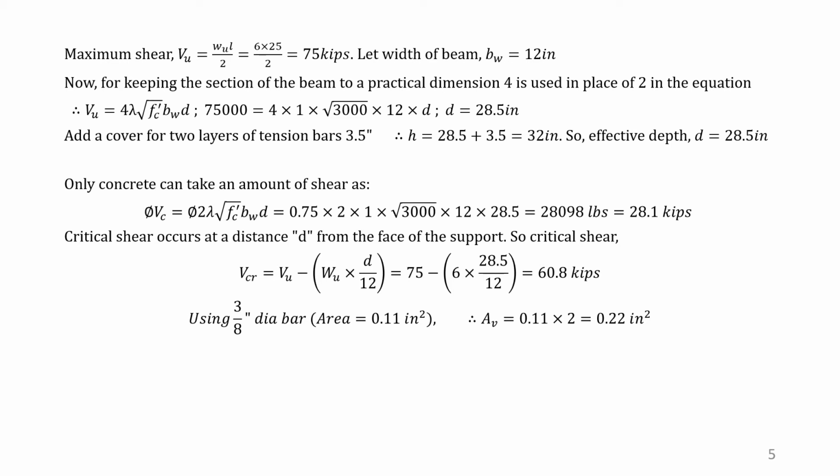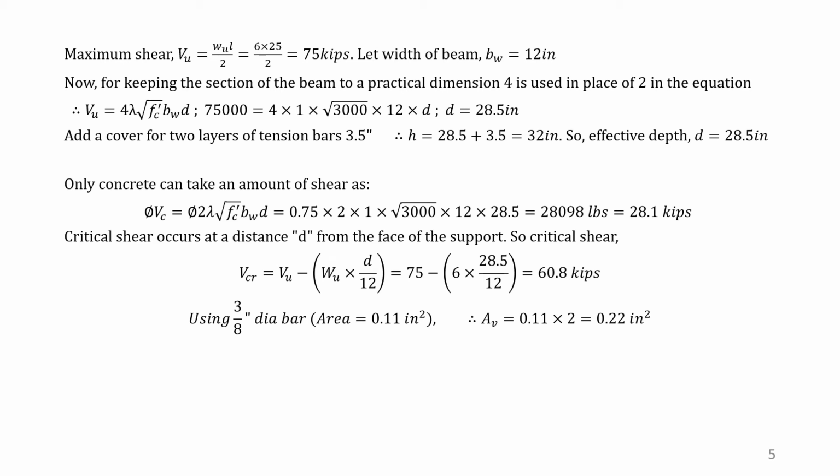After calculating all this, a long line, we can explain this one. Phi Vc, that means how much shear force will be taken care of by the concrete, is given by phi. The phi value of shear force is 7.5, and 2 is the coefficient to find out the shear taking capacity of the section.